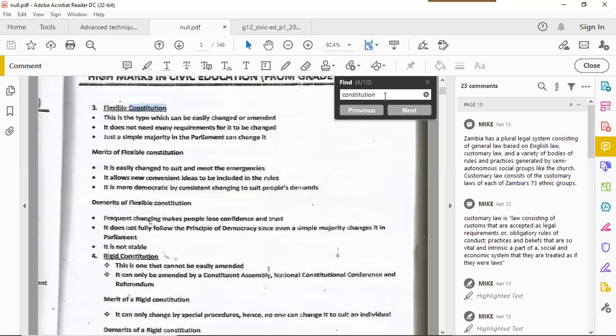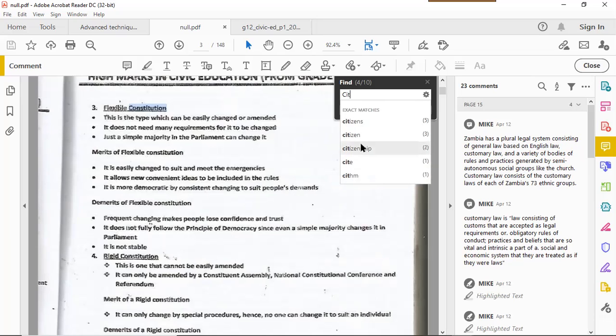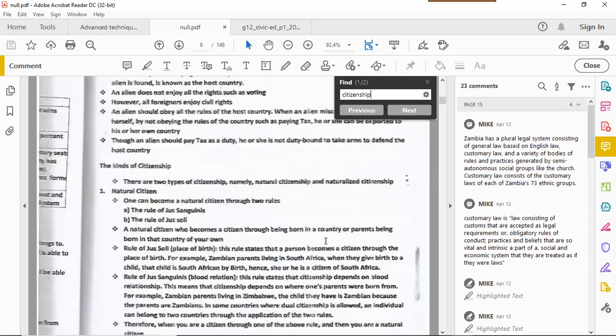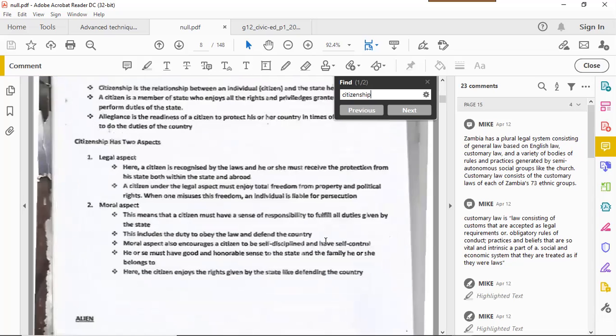The answer is patriotism, but you can just say citizenship and it will give you 2 results there. So Control F, citizenship. So this is like types of citizenship. It will lead you to the exact same topic you are looking at.